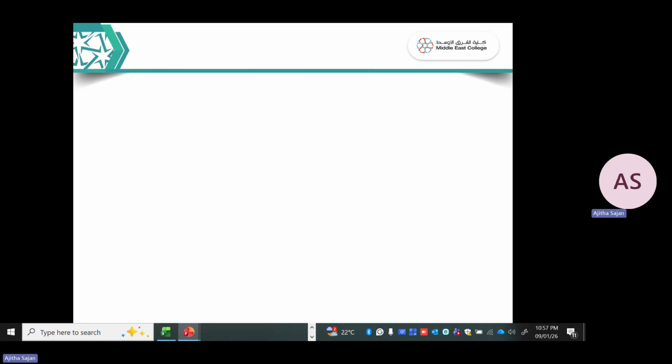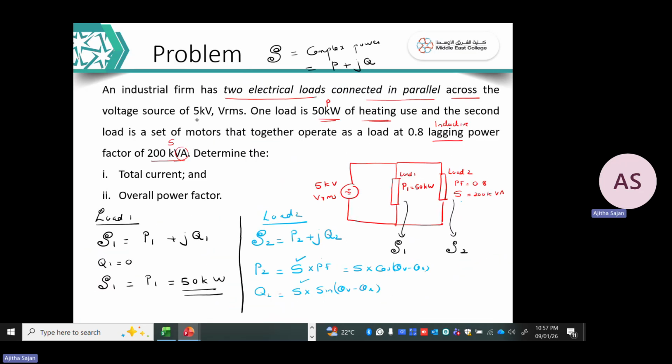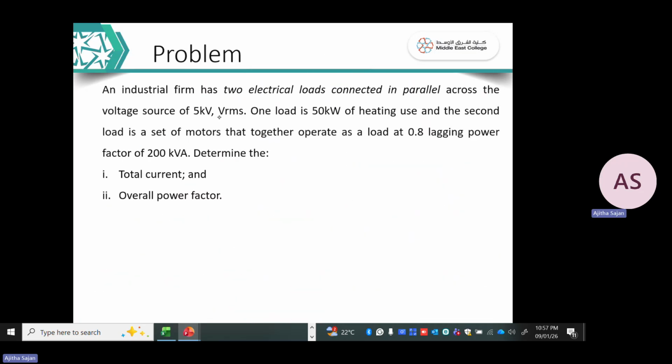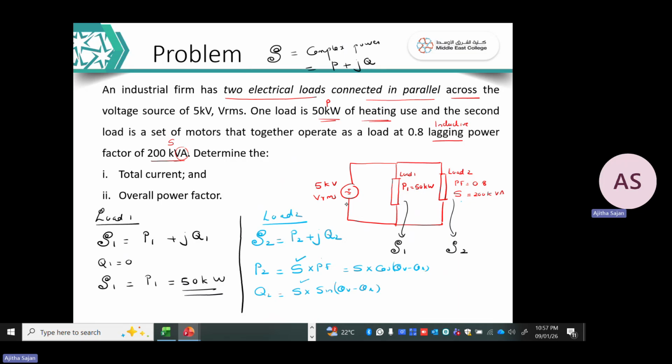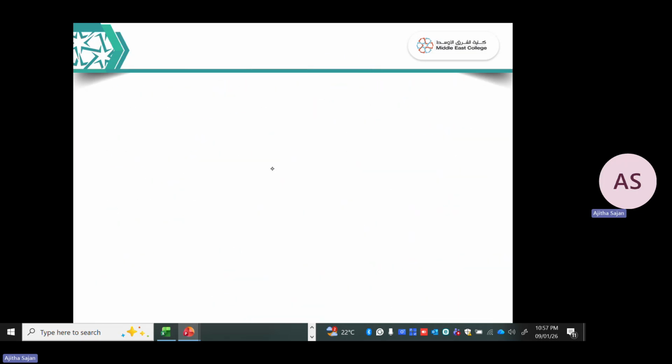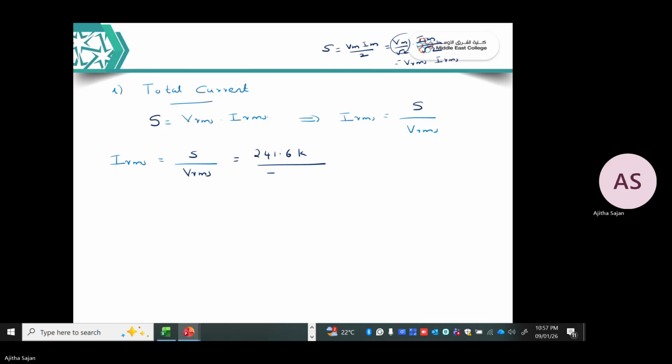How much is the RMS value given here? In the question itself, it is given as 5 kilovolt VRMS. So your answer will be 48.32 ampere. So this is your IRMS.